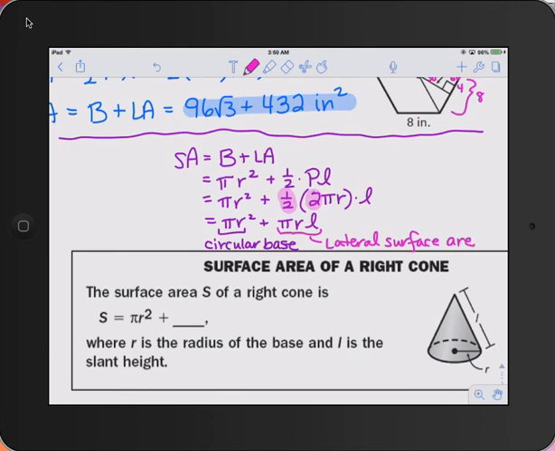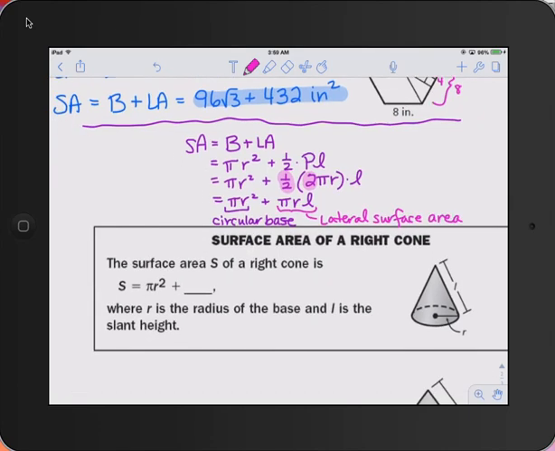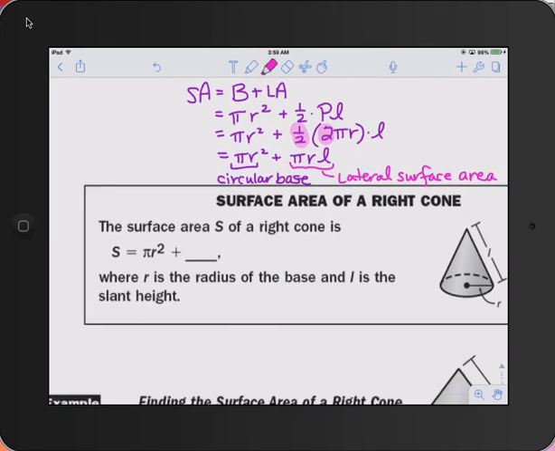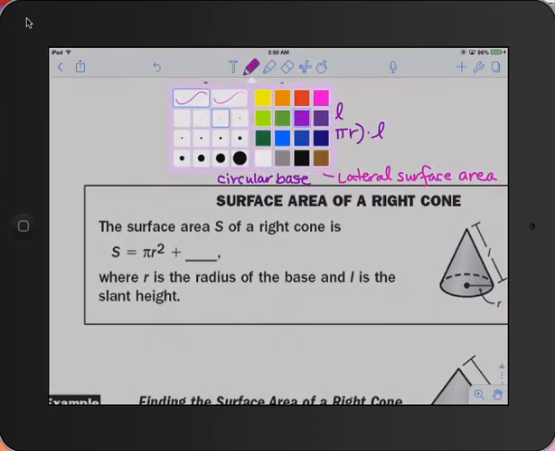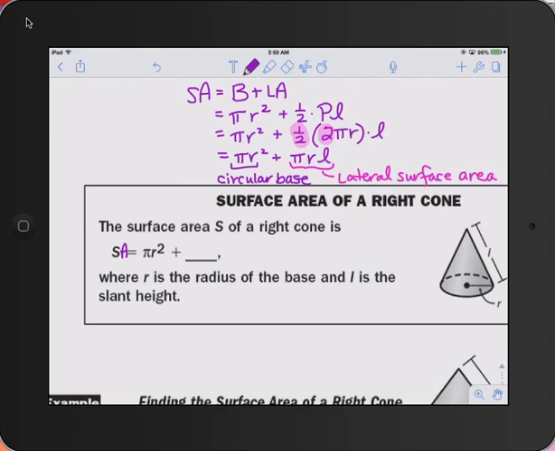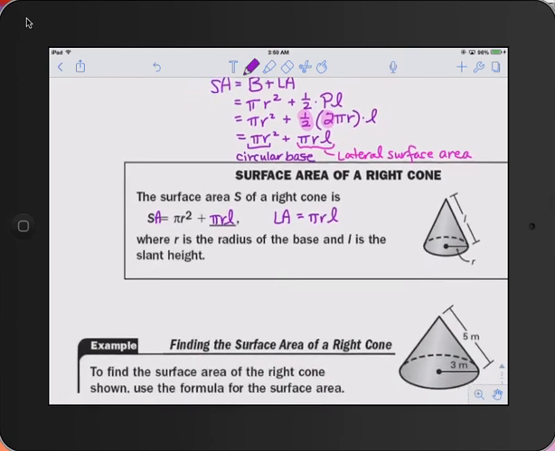And remember that it's 1/2 the perimeter times the slant height, so it turns into pi r l. So surface area for a cone is pi r squared plus pi r l. The lateral area is the pi r l part. And again, l there stands for slant height.